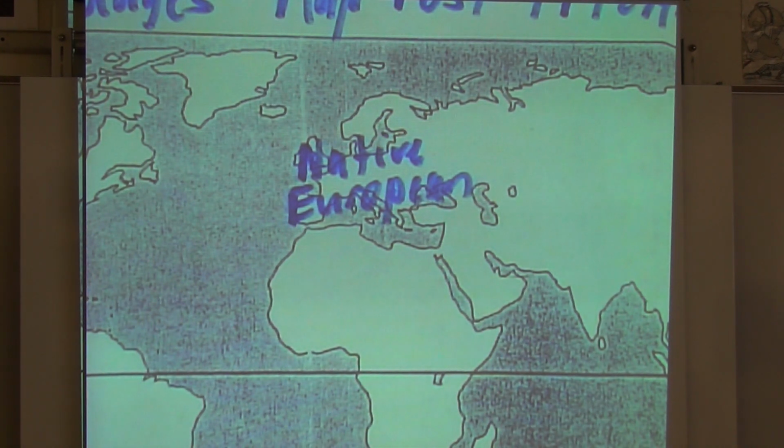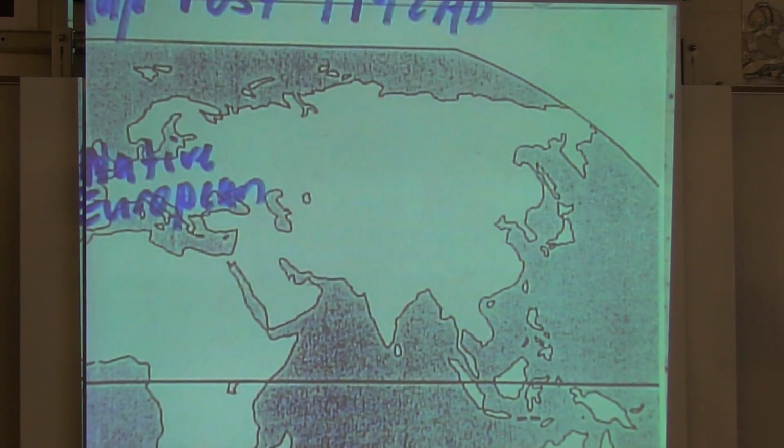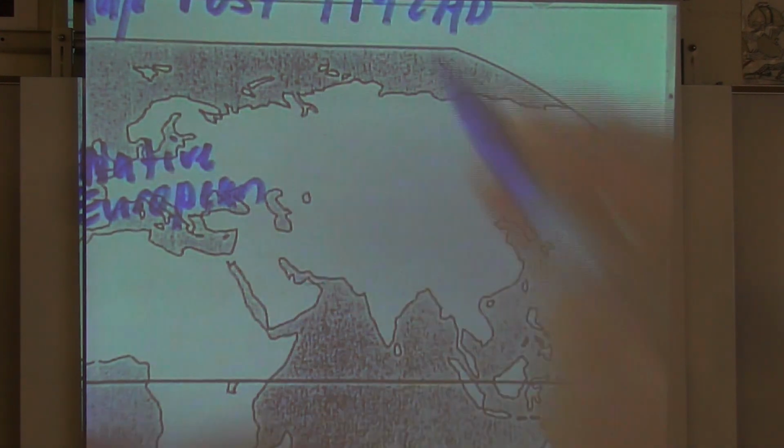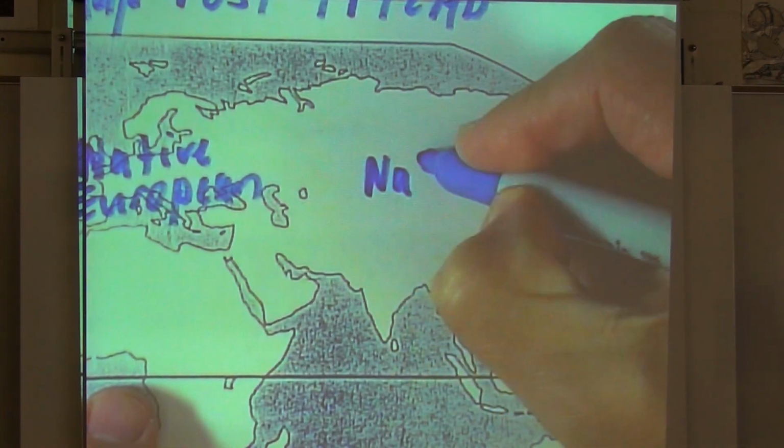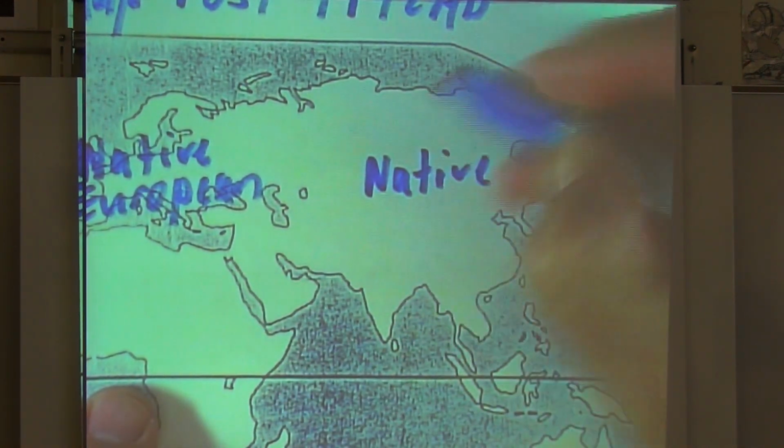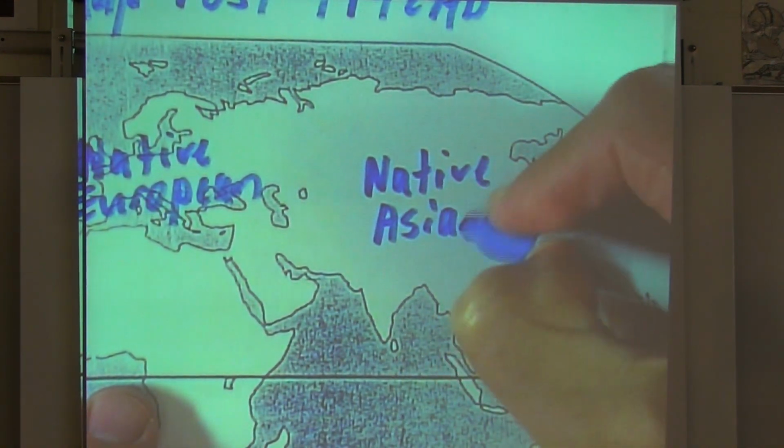The natives have lasted there. Okay, let's go over to Asia, and certainly China. We all know that China and India are the biggest nations there. Japan, of course, is a hugely populated place. You still have majority native Asian.